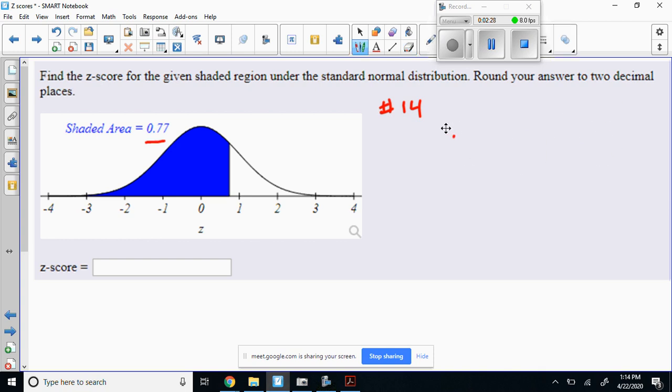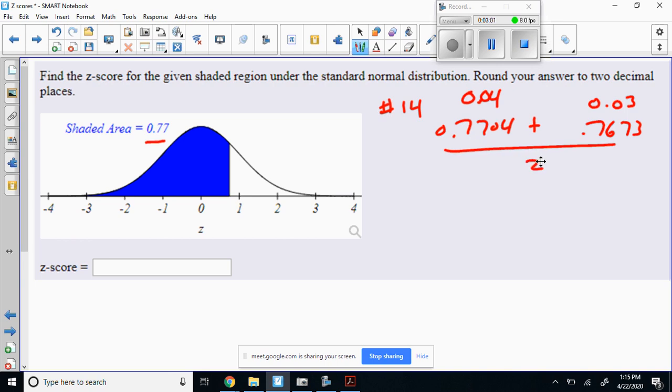That's the 0.04 plus the 0.73 is... I can't do that. It should be there, and that needs to see that right there. 0.7673.